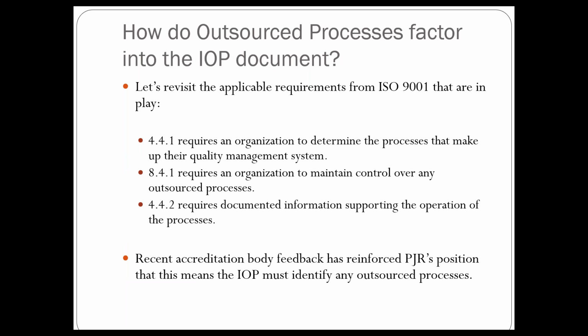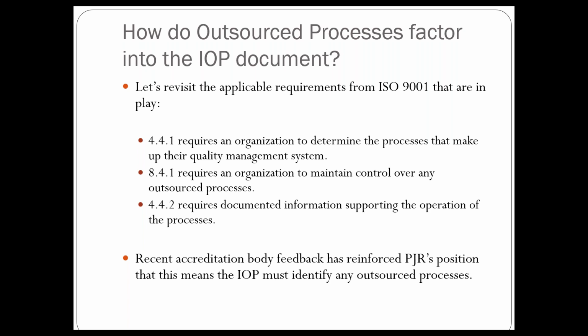So why are we talking about this? How does this factor into the IOP document? Well, let's revisit some of the applicable requirements from ISO 9001. In 4.4.1, it states that you need to determine the processes that make up your quality management system. In 8.4.1, it requires you to control any outsourced process. So we recognize that your processes include processes that are outsourced.